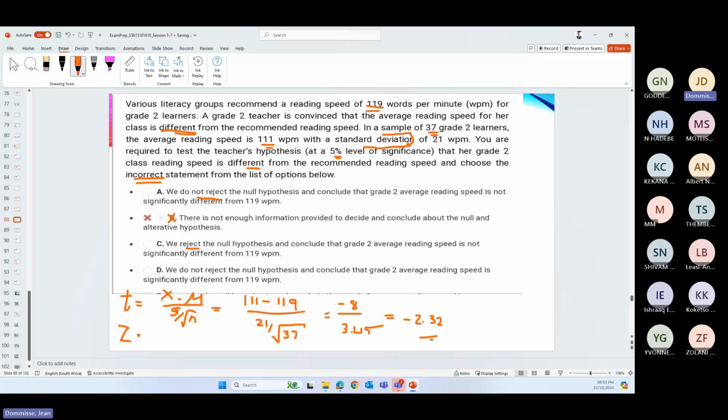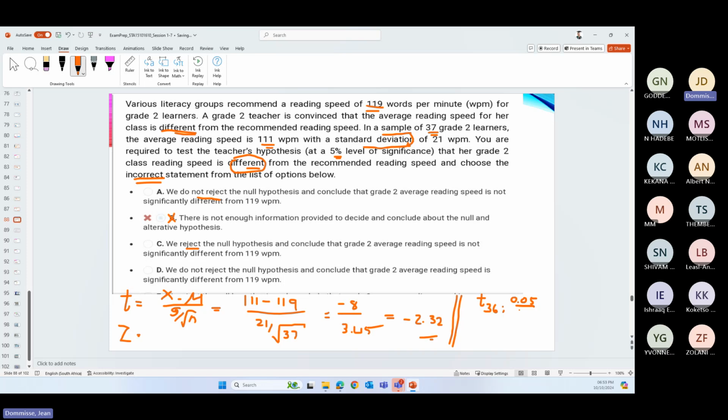So you can see this formula is exactly the same as if we would have used the Z, but when we're going to test it, we need to test this number against a T value, which would then be at 36. And remember, we're using two-tail because they say it is different. It will be the 5% divided by 2.